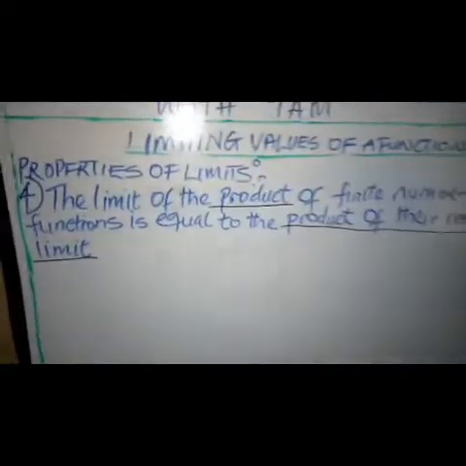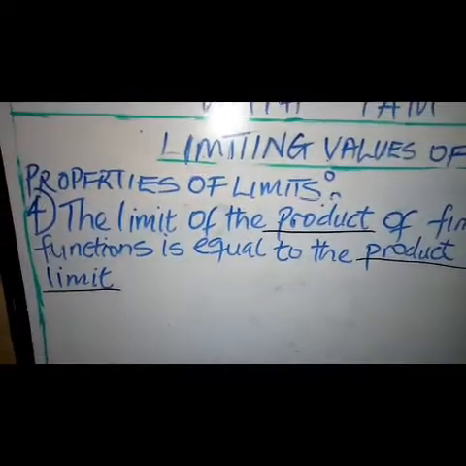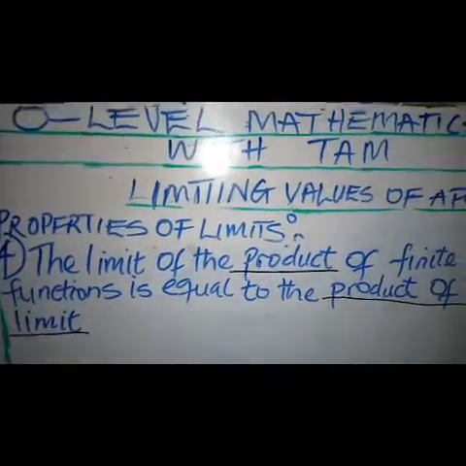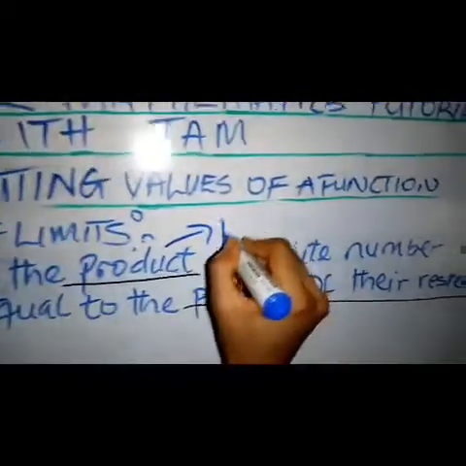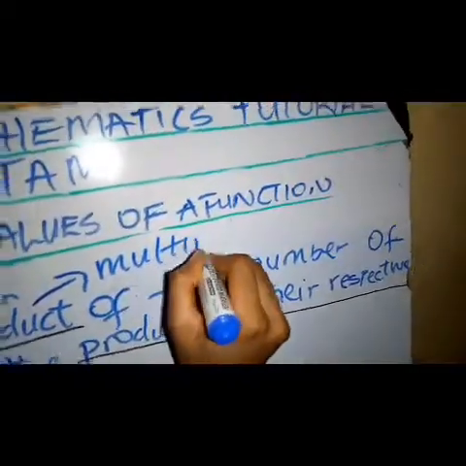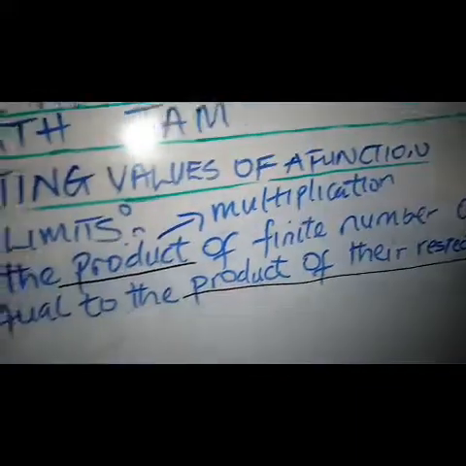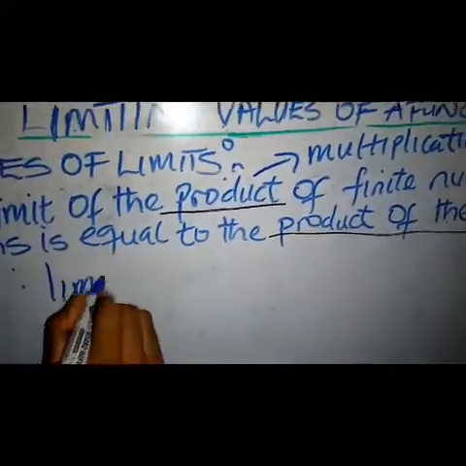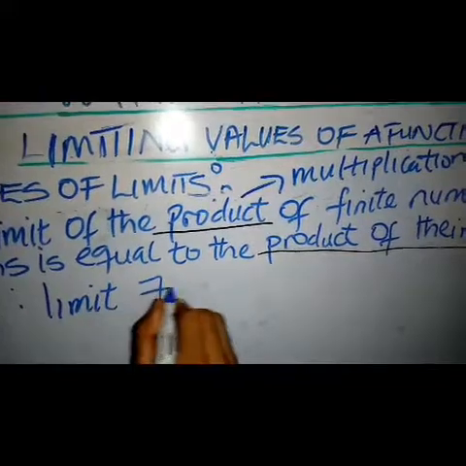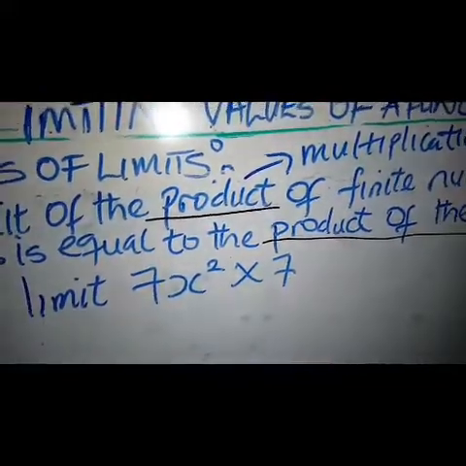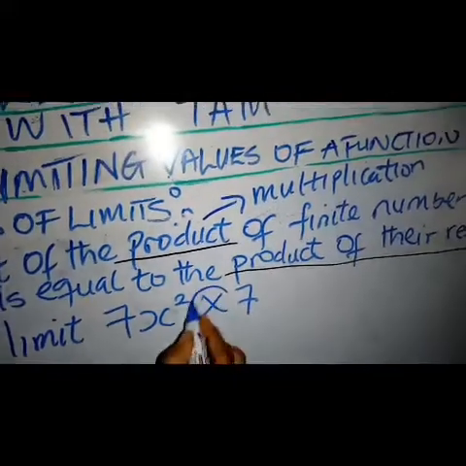The fourth rule: the limit of the product of a finite number of functions is equal to the product of their respective limits. When you are dealing with products, it's talking about multiplication. So for example, if you are asked to find the limit, I'll still be using the same example, 7x squared times 7. The only difference from the previous ones we've worked is this multiplication sign.